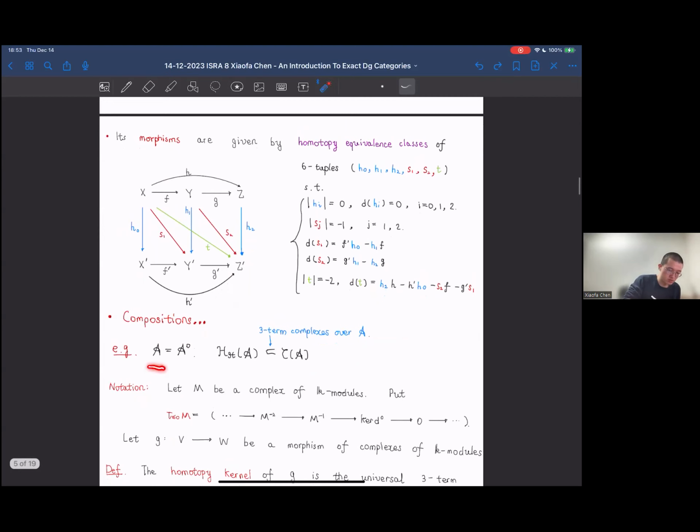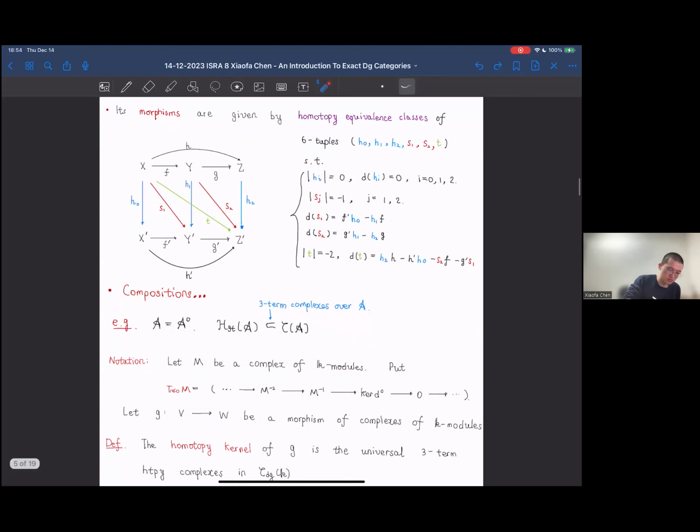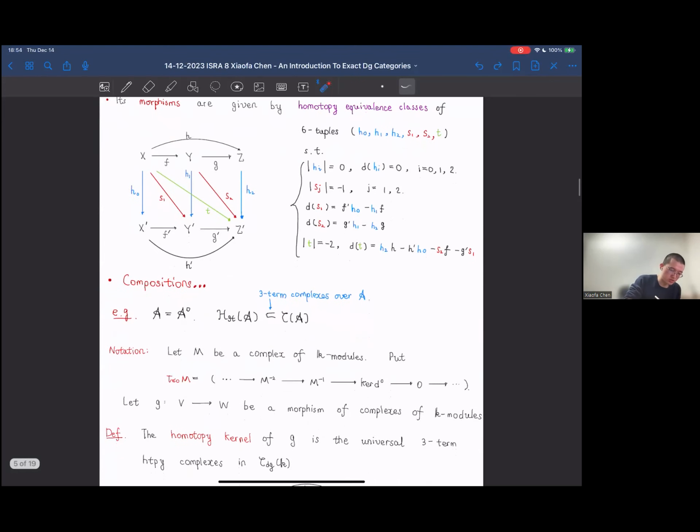Then this three-term homotopy complexes over A will be just a full subcategory of the category of complexes over A. So it consists of 3 terms. For example, we ask this to be the full subcategory of 3 terms concentrated in degree 0, 1, and 2.